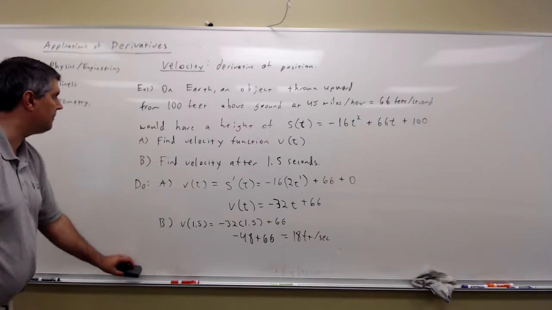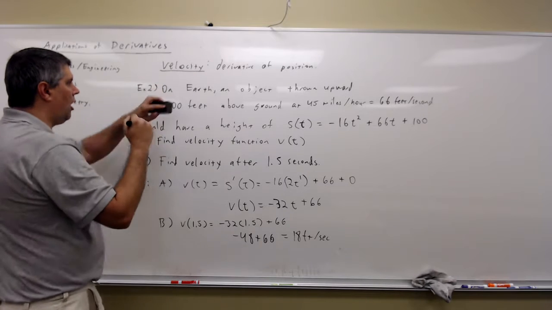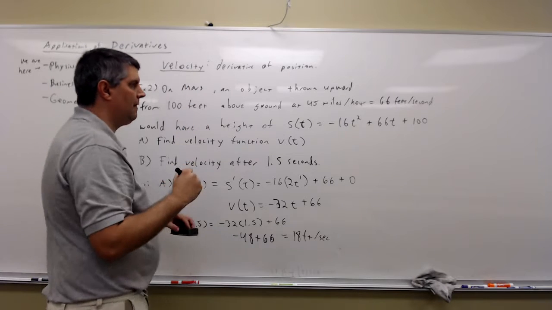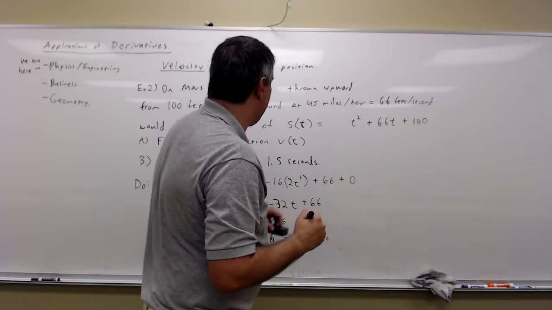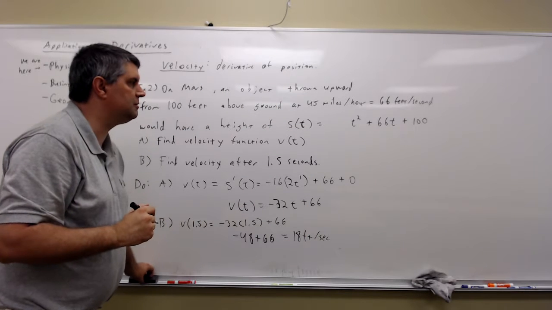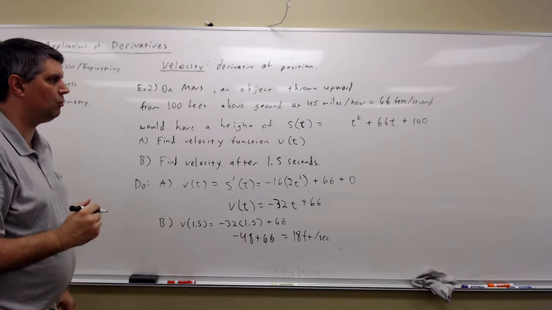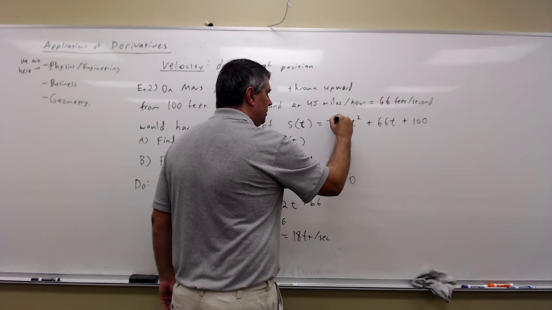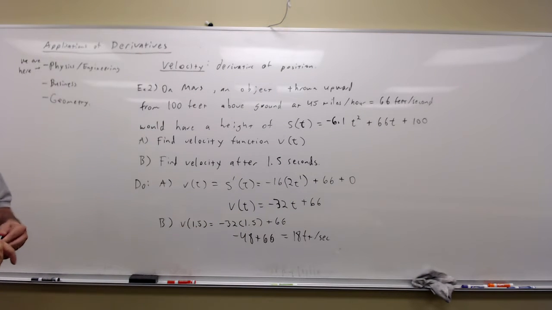All right. I'm going to change this to example 2 on Mars. An object thrown up at 45 miles per hour, which is 66 feet per second, would have a height of s of t equals negative 6.1t squared plus 66t plus 100.